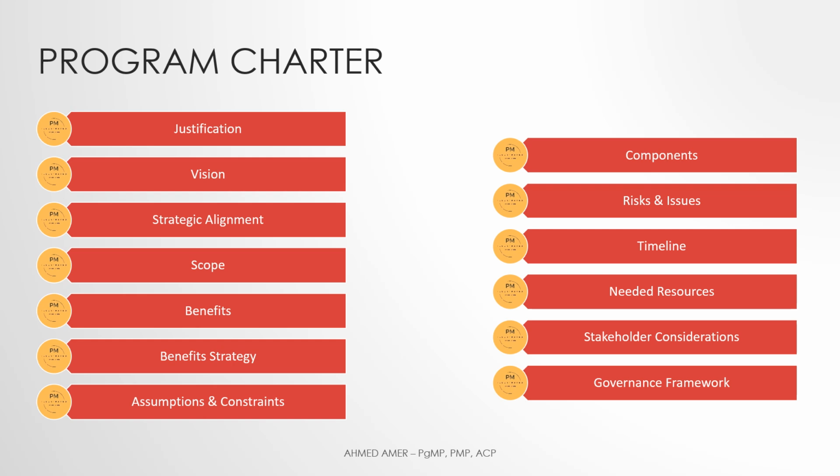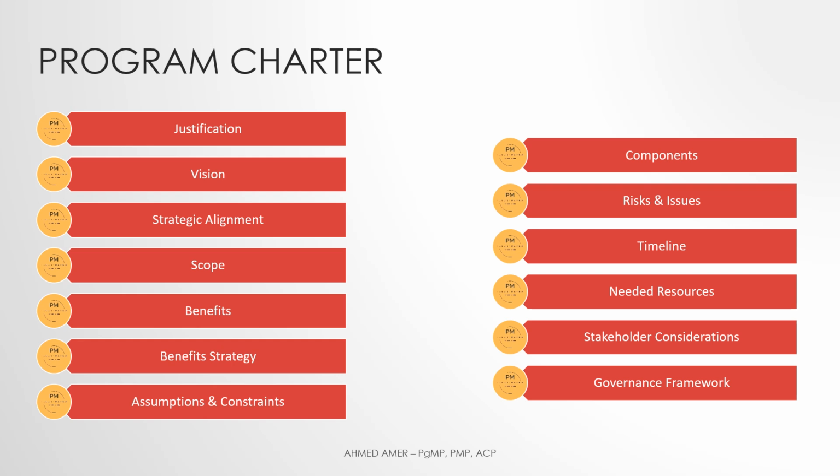Stakeholder considerations. Who are the key stakeholders and what are the initial strategies to engage them? This information is key to the development of the communications management plan, which we will talk about in the coming videos. Finally, governance framework. What is the recommended governance structure to manage, control, and support the program?